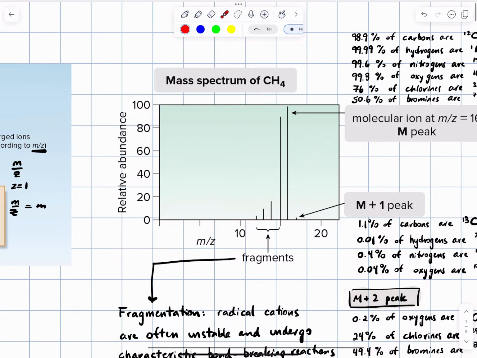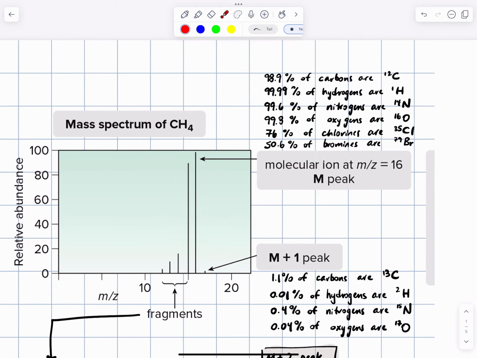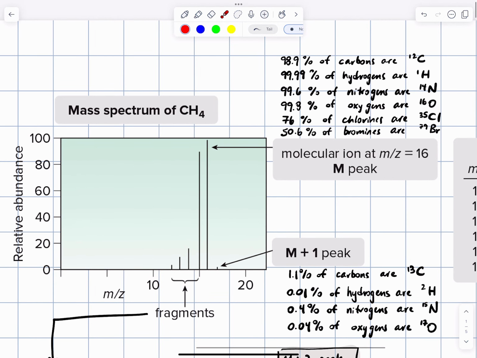So here is an example of the mass spectrum of methane. Now, all of the images I'm going to show you today are from low resolution mass spectrometers. That is, you look at the mass of methane and you expect it to be 12 for carbon, 1 for each of the hydrogens, 16 overall, 0 significant figures past the decimal point, and that's good enough.